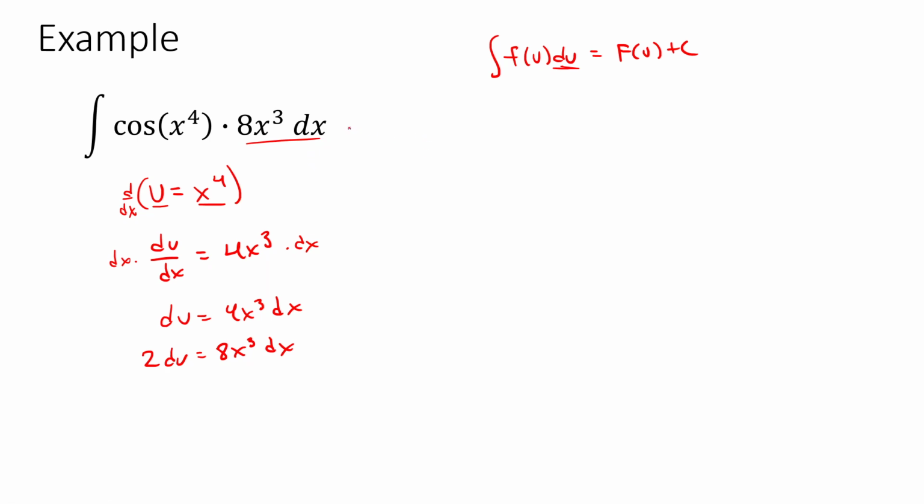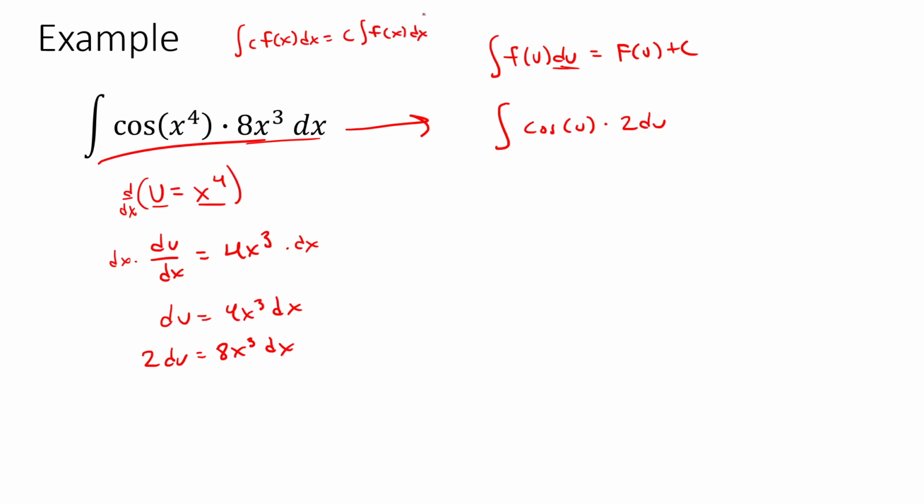So what I can do now is say that this integral is the same as the integral of cosine of u times 2 du. And we talked about in class when you have a constant multiplied by an integral, c times f of x is the same thing as just pulling the c out, as long as c is just a number.